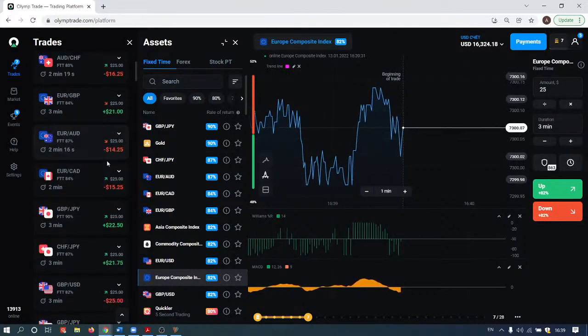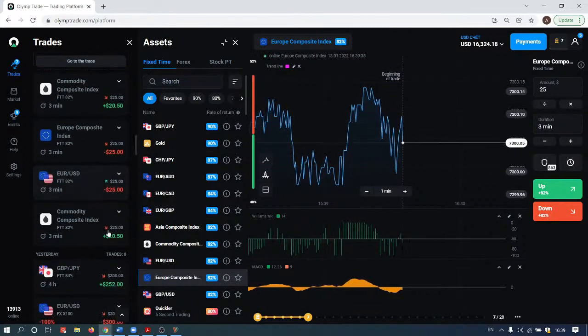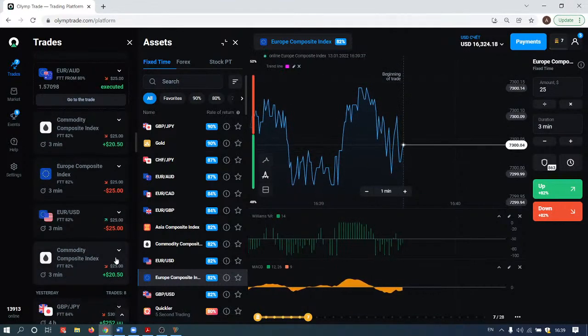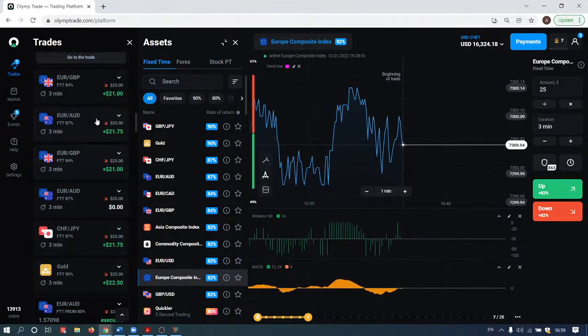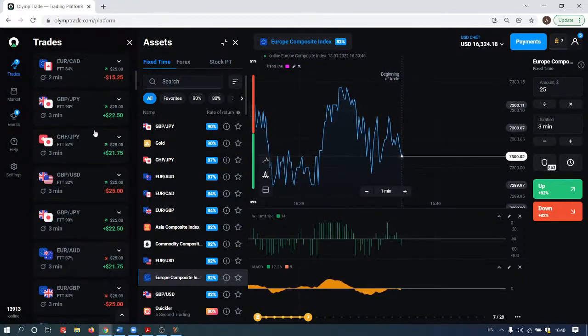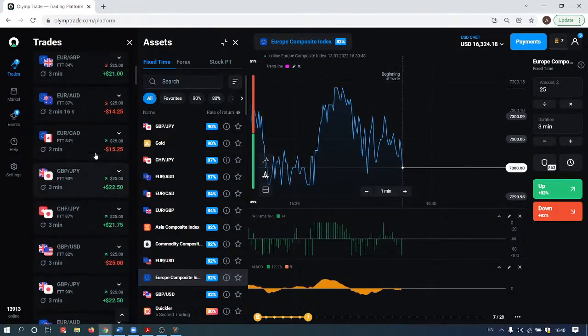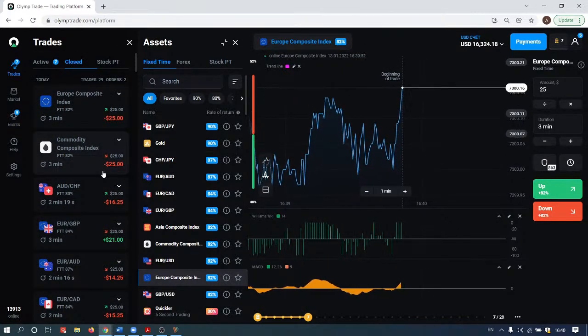All right, so let me calculate my trades here. I started off with a very good sequence. So I started here 1, 2, 3, 4, 5, 6, 7, 8, 9, 10, 11, 12, 13 winning trades. I have 13 winning trades.